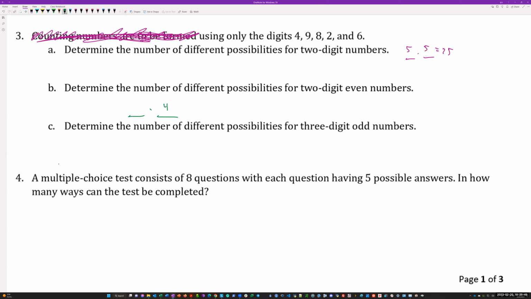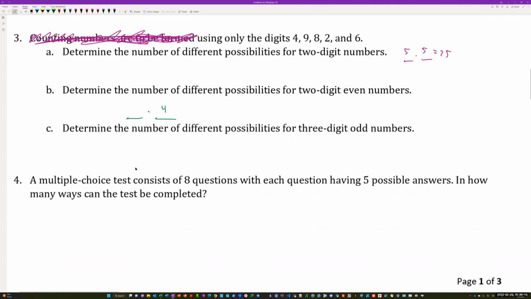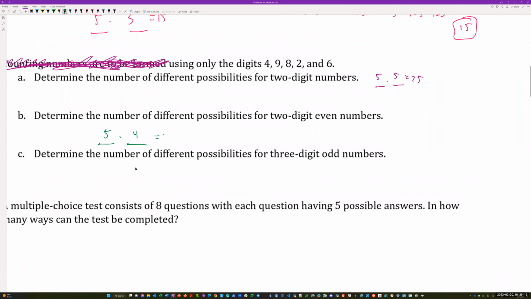Actually, let's just go with 4, because I'm thinking that we can't replace them. Let's assume we can replace them, then it's simpler. So yeah, you would have 4 choices for this. How many choices would you have for this one? 5, so it's 20. Do you understand, guys?